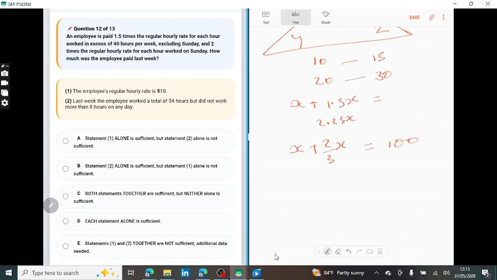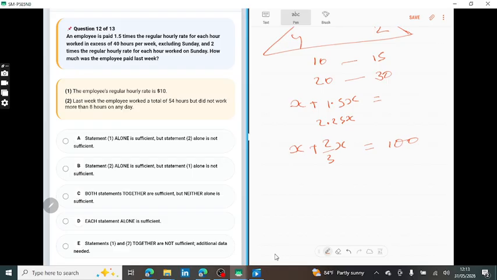An employee is paid 1.5 times the regular hourly rate for each hour worked in excess of 40 hours per week, excluding Sunday, and 2 times the regular hourly rate for each hour worked on Sunday. How much was the employee paid last week? Statement 1: the employee's regular hourly rate is $10.